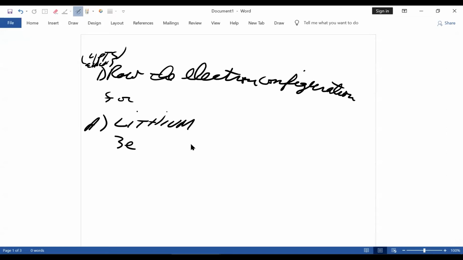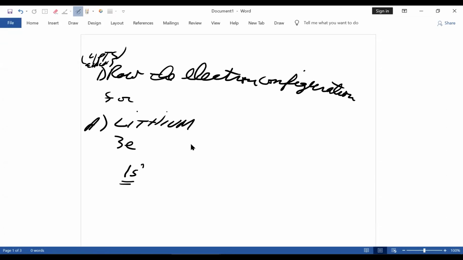And how do you do the electron configuration? Now, the first shell is 1, and the first subshell is S, and we call that 1s. If you look at the table, how many electrons can you put in any s orbital?